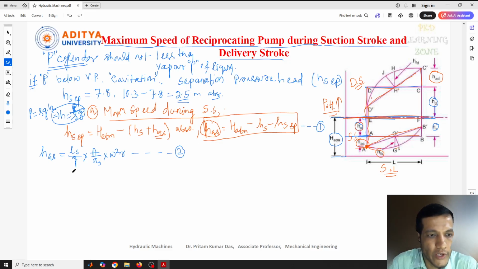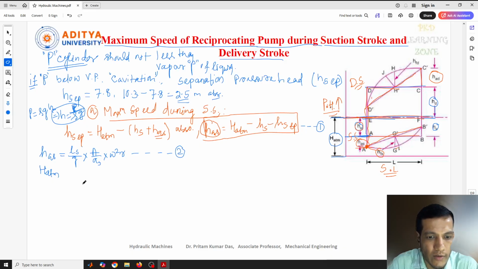Now if you see these two equations, I will put this value of HS into this equation.